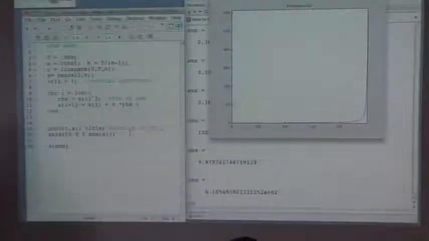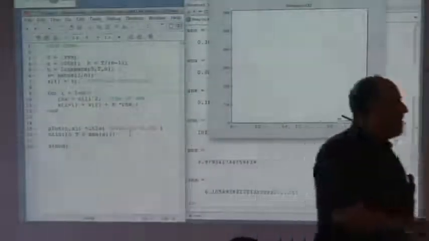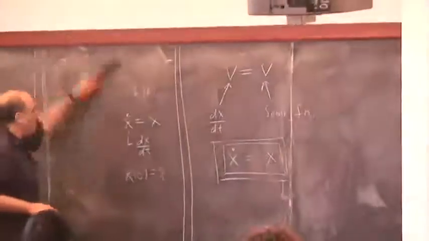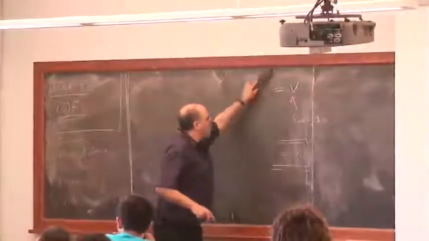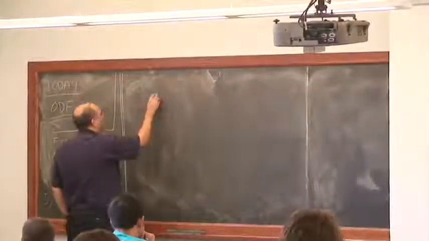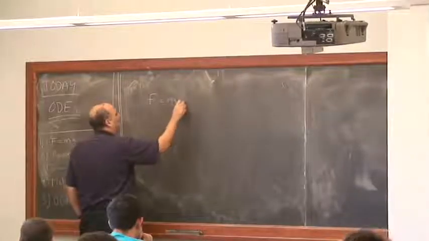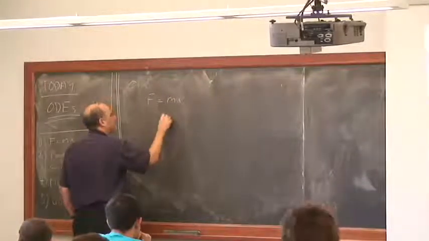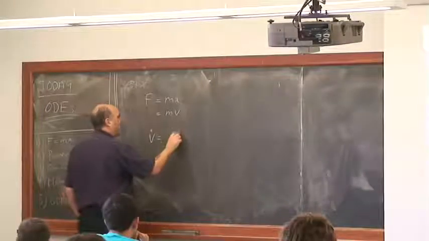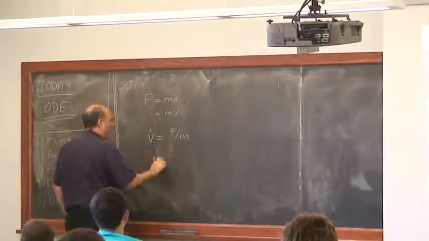Okay, now the same idea is going to work when we go to mechanics problems. In mechanics problems, we have a differential equation, which is F equals ma. I think of that as F equals m v dot, and so I turn that into v dot equals F over m, and then I have x dot equals v.